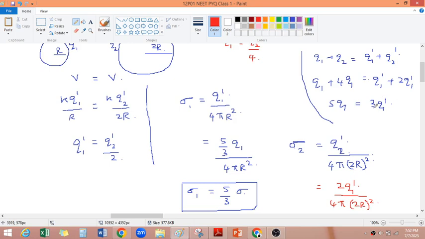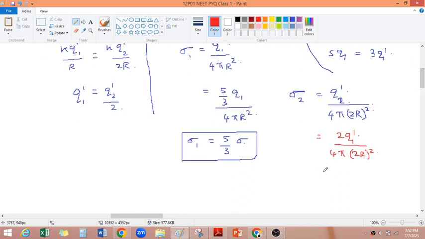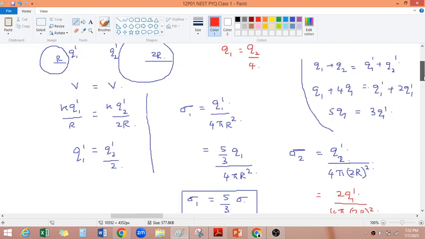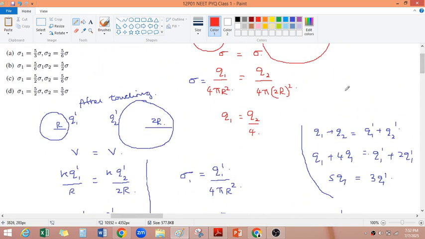And I can write q1 dash as 5 by 3 q1, divided by 4 pi 2r the whole square. Here you have to be careful because we are writing in terms of q1, not q2.